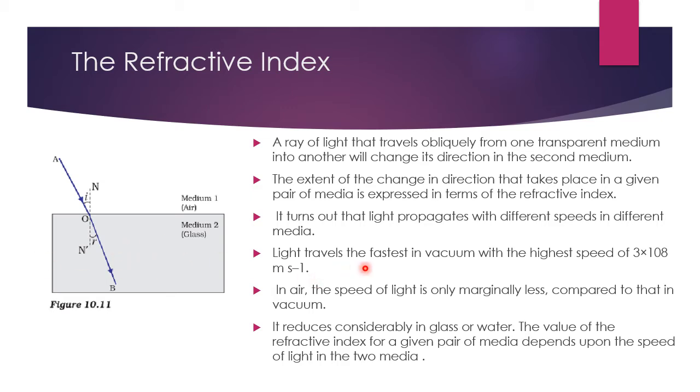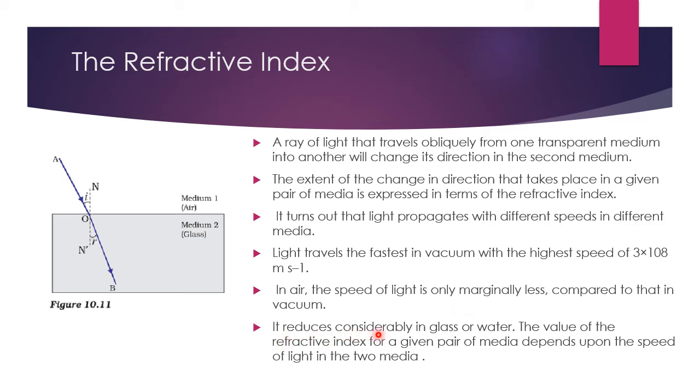Light travels the fastest in vacuum, with the highest speed of 3 into 10 raised to 8 meters per second. It travels very fast. In air the speed of light is only marginally less compared to that in vacuum, a little less than in vacuum.